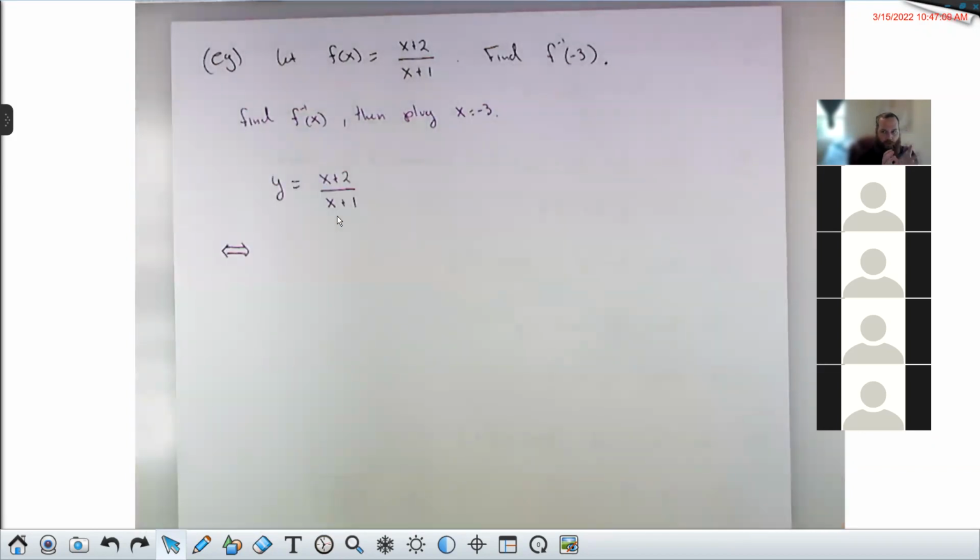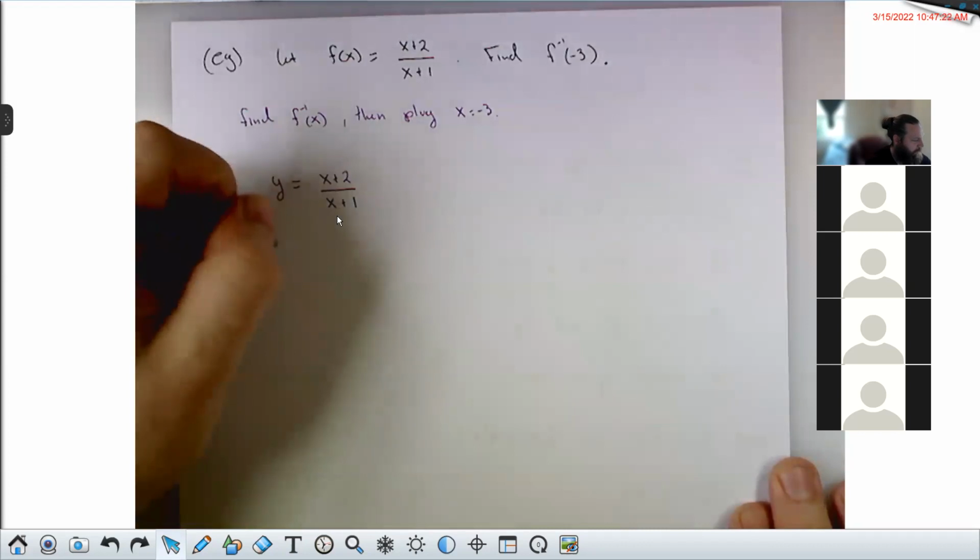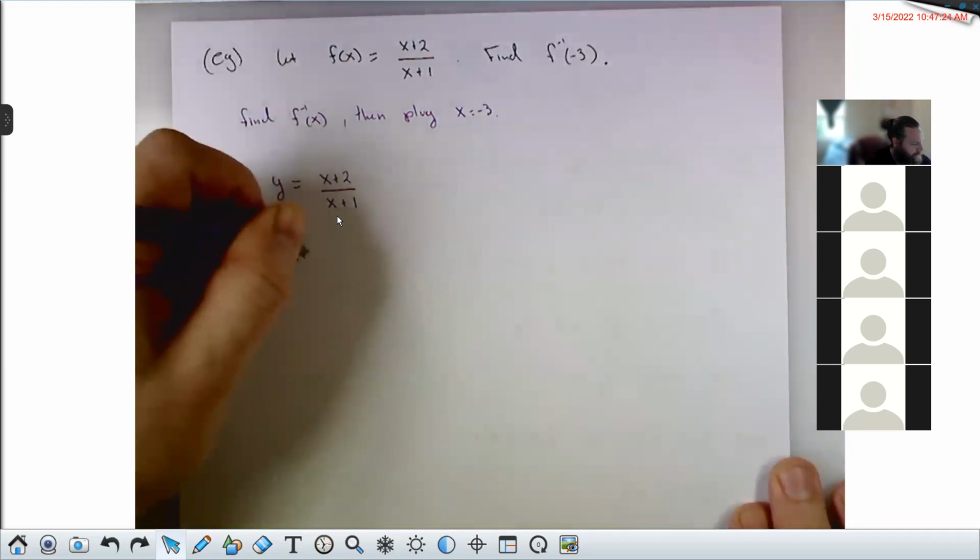Your end goal here is to get all the terms with x on one side and all the terms without x on the other side. Then you can factor out x and divide over. That's the game. So to get all the terms with x on one side, first I need to get rid of this fraction. So I'll multiply both sides by x plus 1.